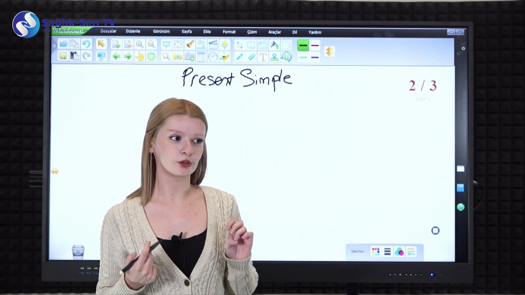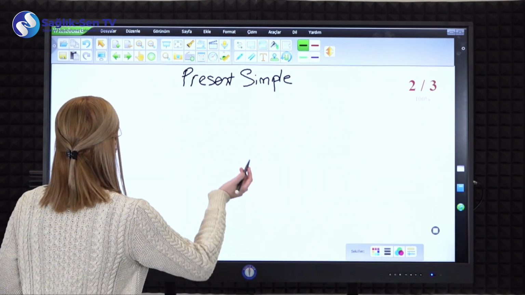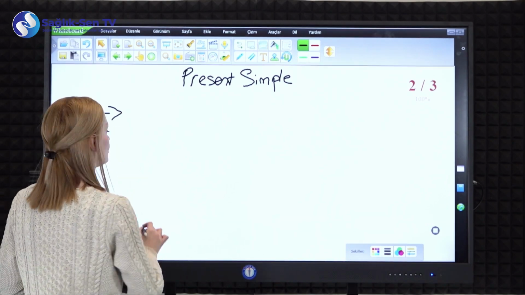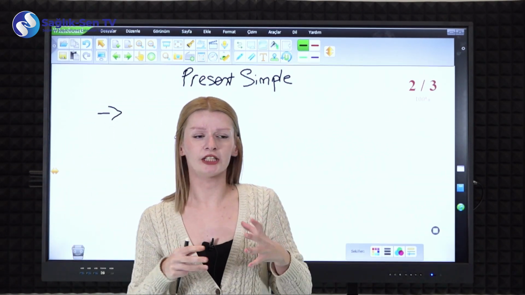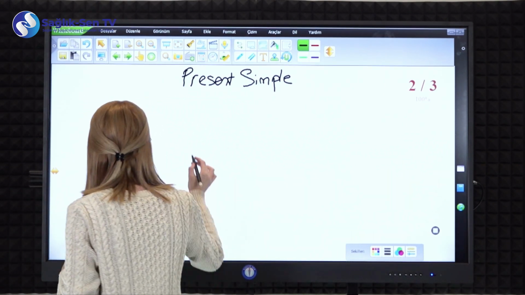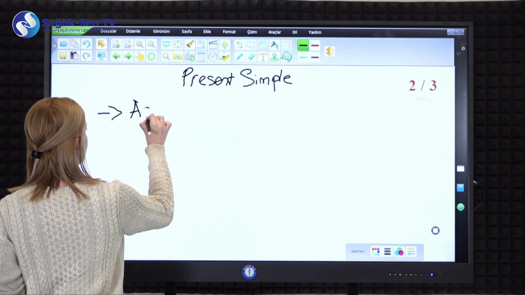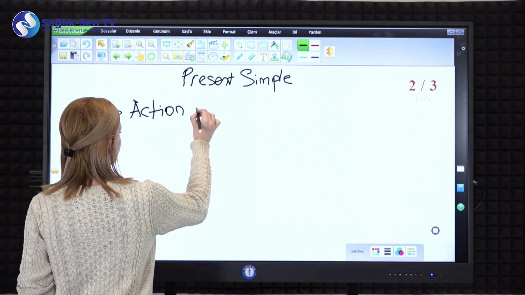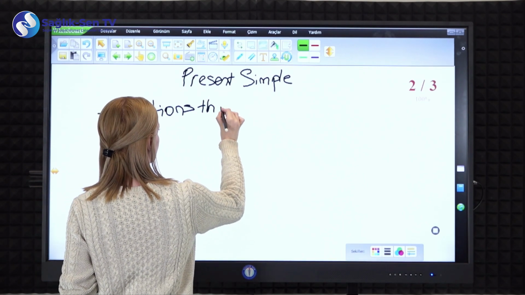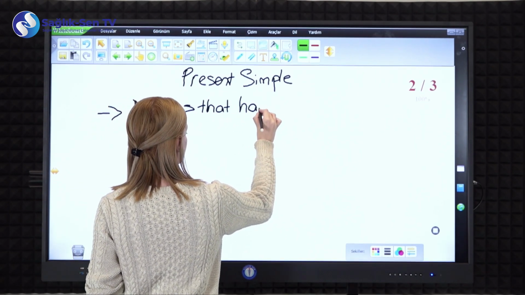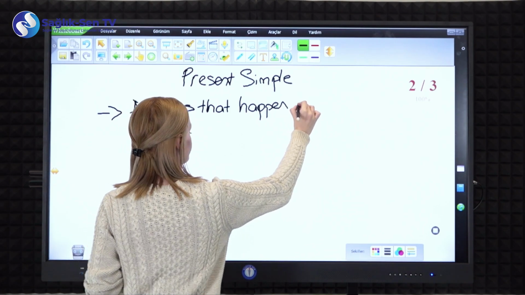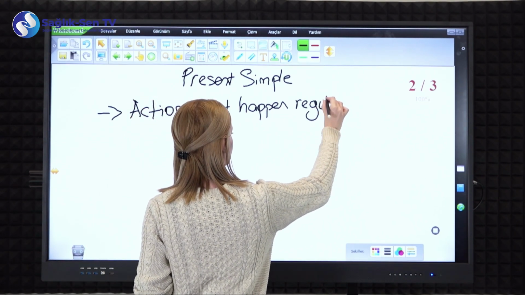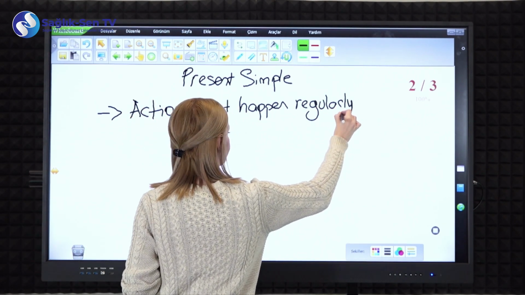Before we jump to the sentence structure, we use it for actions that happen regularly. It's like a routine.